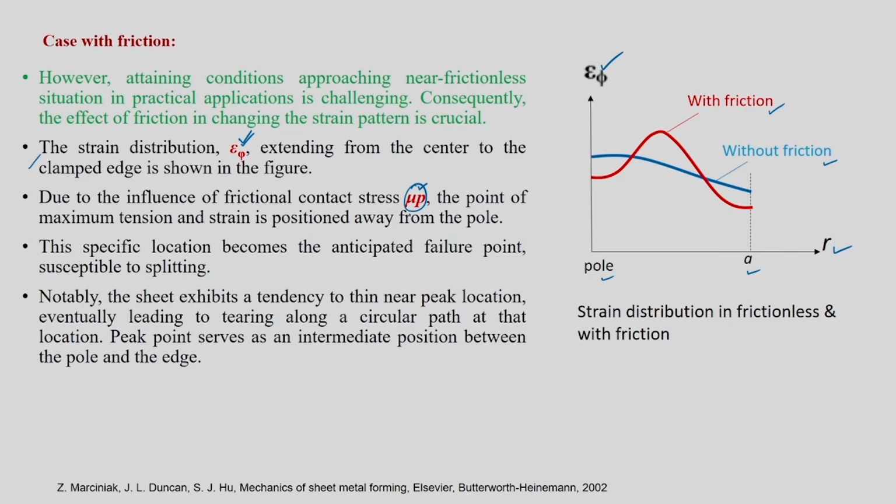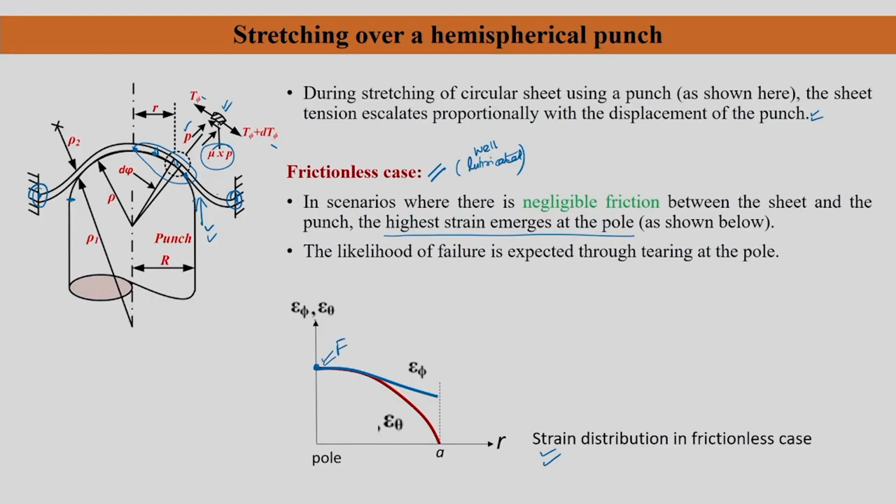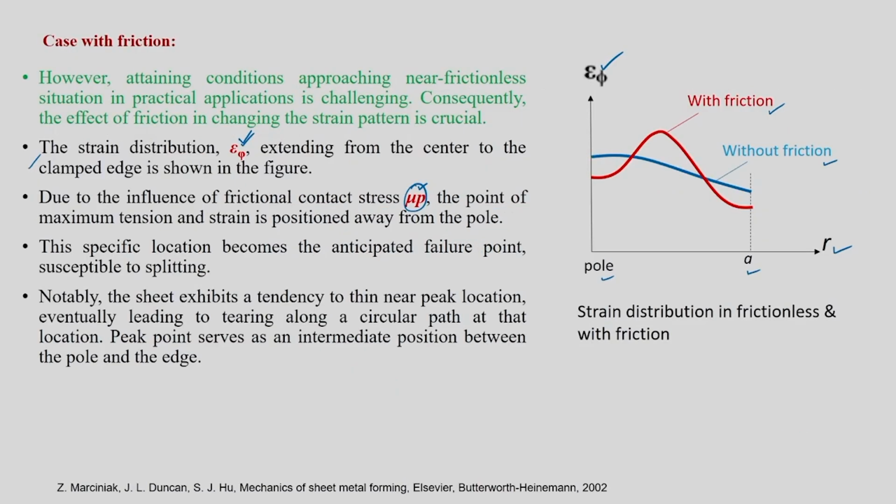Because it is available somewhere in the deforming region, in the case with friction, this is going to actually pull the maximum strain from the pole towards some other location away from the pole. Okay. So, that is the main job of this mu P here. The point of maximum tension and strain is located away from the pole region. Which means if you draw epsilon phi from pole to A, then it will follow this red color pattern.